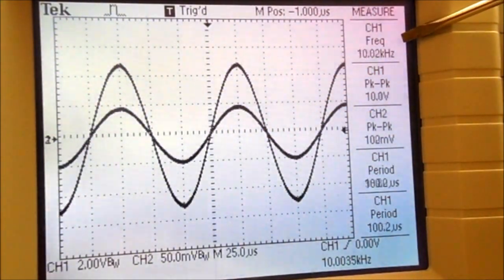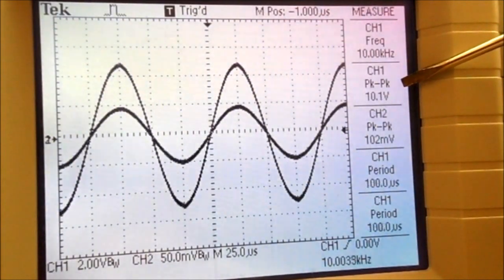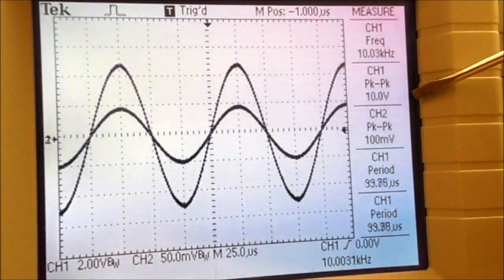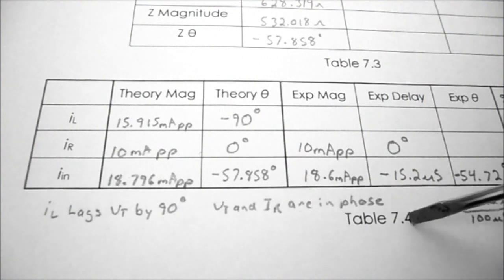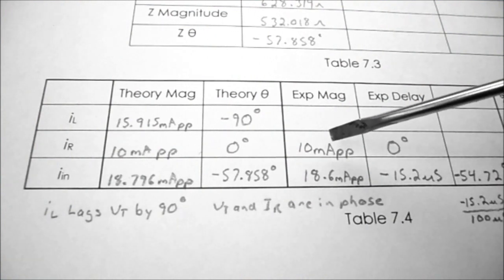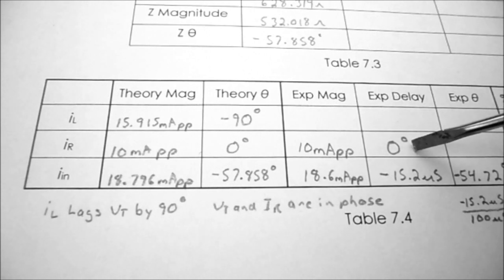Looks like they're exactly in phase. My frequency is 10 kilohertz, my input voltage 10 volts peak to peak, and the voltage across my sensing resistor is 100 millivolts. So if I divide that by 10, I come up with 10 milliamps. So on table 7.4, I've recorded my IR as 10 milliamps and my delay as 0 degrees.